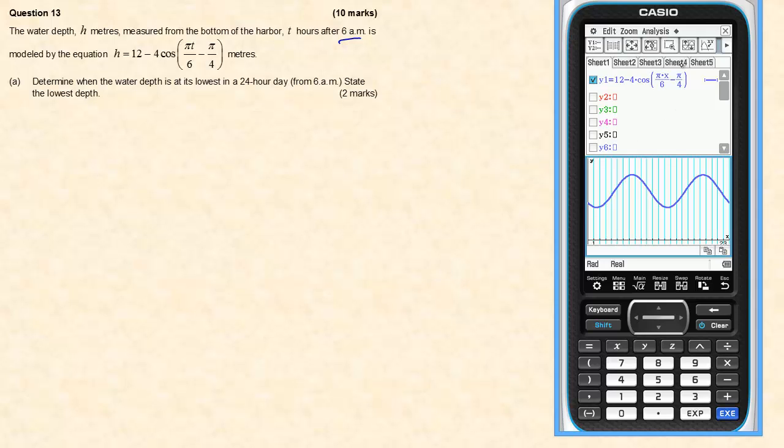So where do we get a minimum? We've got a minimum here when x is 1.5, and the other minimum is when x is 13.5.